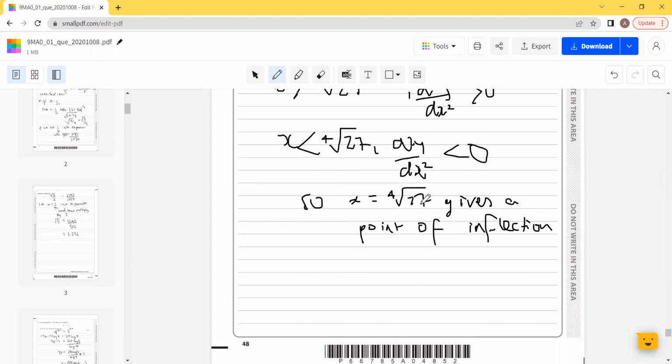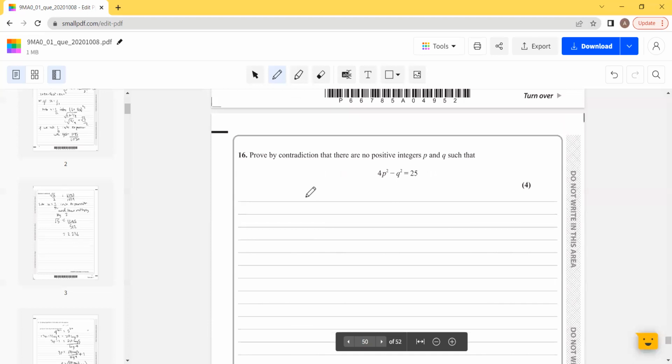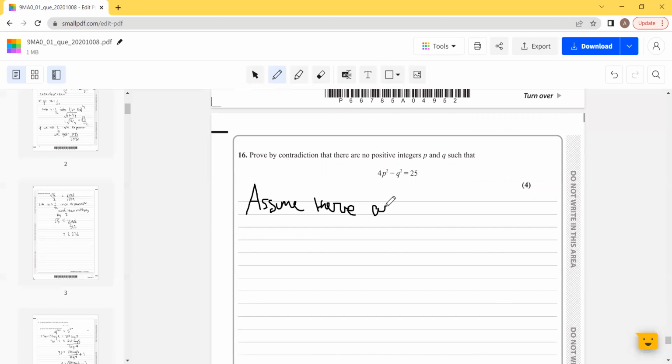Okay, that's fine. And the last question: prove by contradiction that there are no positive integers p and q such that 4p squared minus q squared is equal to 25. So first you have to assume the opposite. Assume there are positive integers p and q such that it's true.